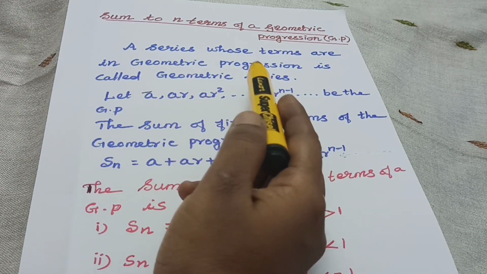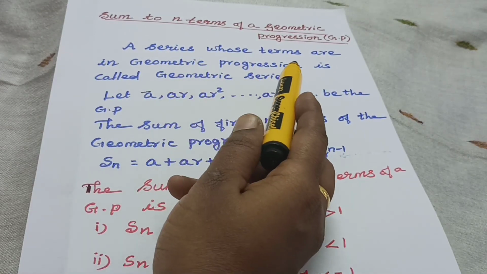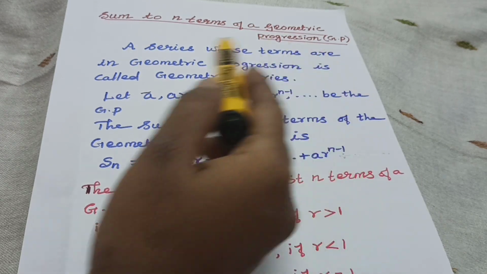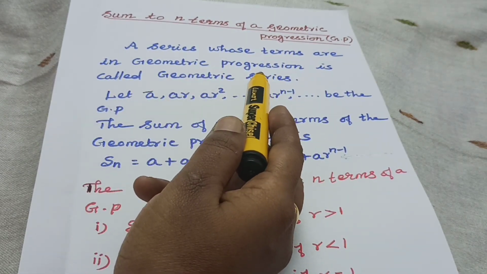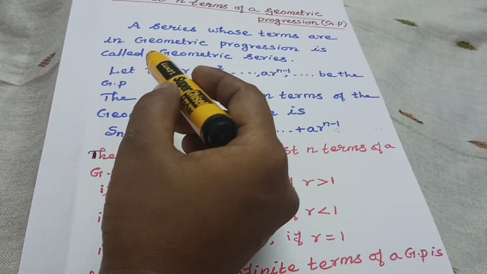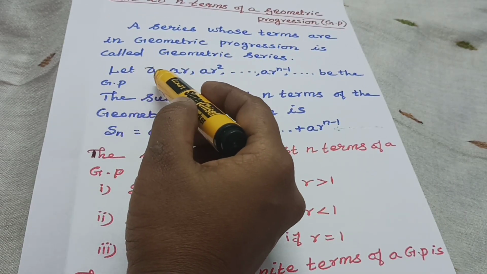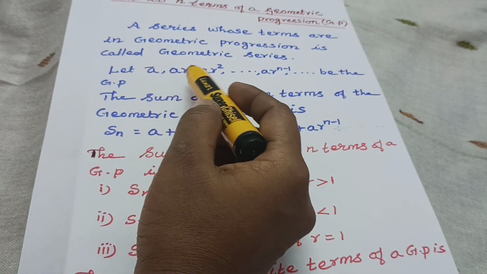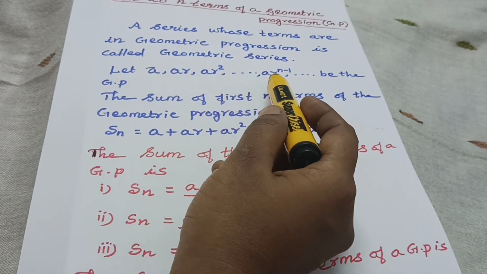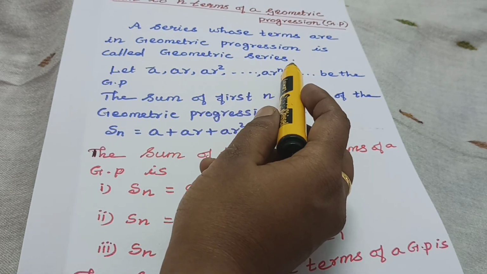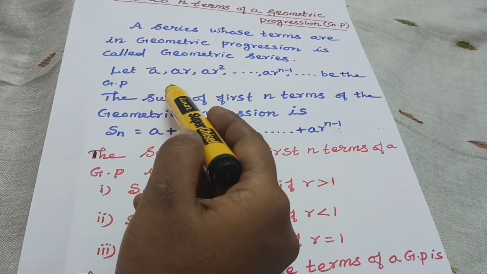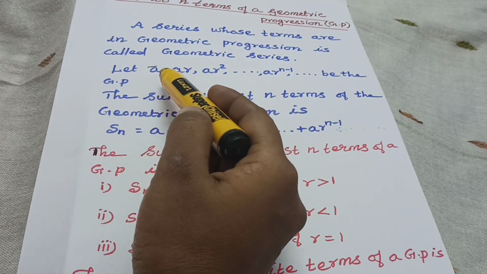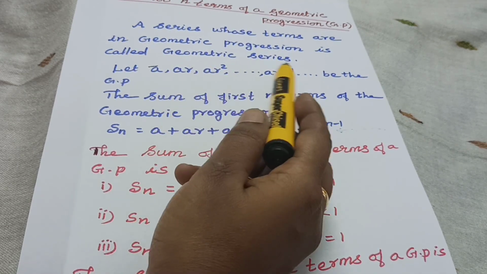That means here we have to take the geometric progression GP: a, ar, ar square, etc., ar power n minus 1 be the GP, isn't it? Then the geometric series is the sum of the n terms.